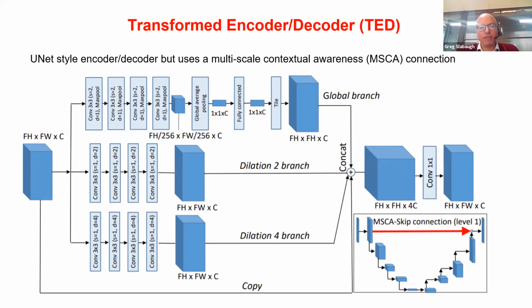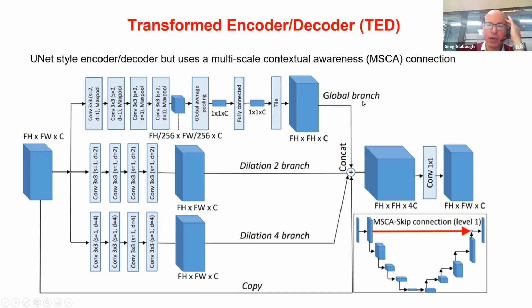So the question is how to get the points through deep learning. The first part of our network, we call the transformed encoder decoder. It's basically a UNet, if you're familiar with that, so it has an encoding structure and then a decoding structure. The one twist we put on it is that instead of using a standard skip connection, we invented something called an MSCA skip connection, which extracts features at different scales. We have dilated convolution operations, which reduce the feature size, and we also have the original feature size.